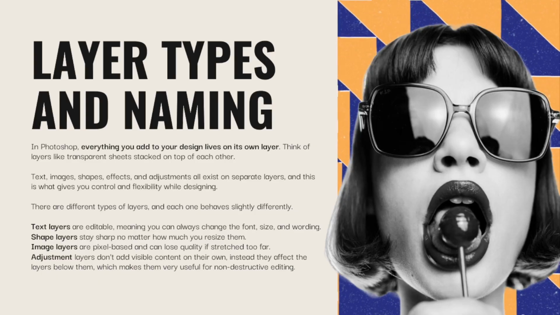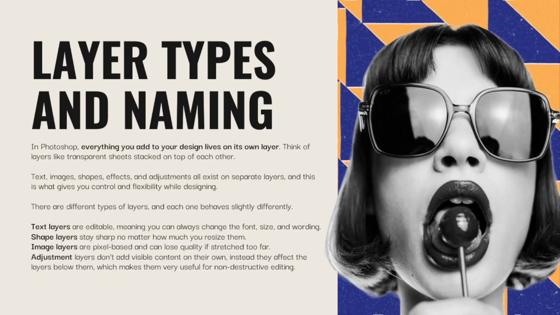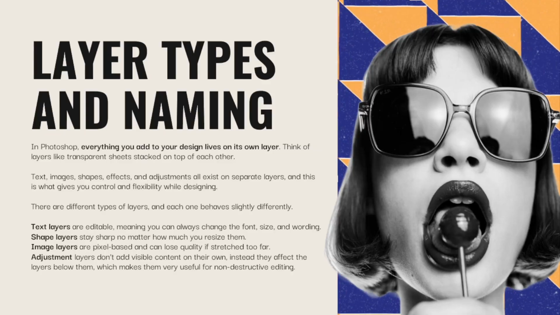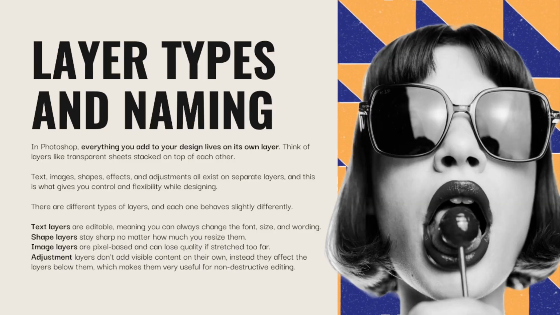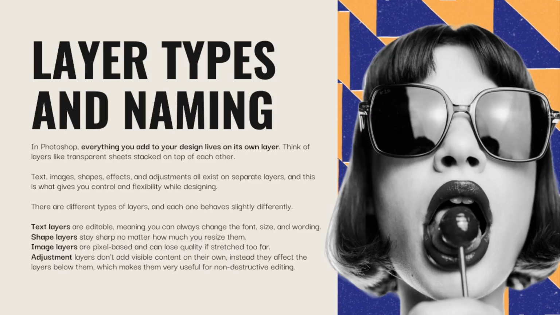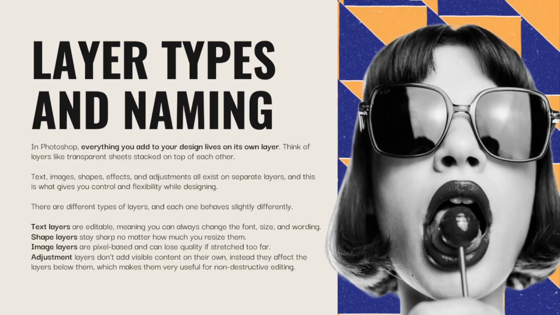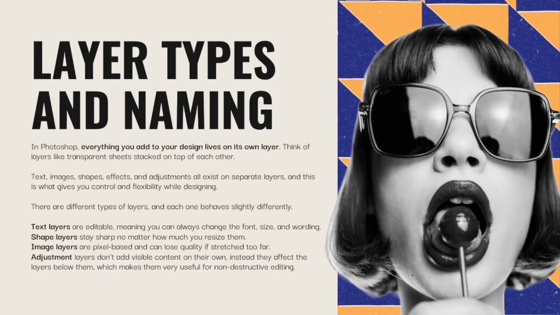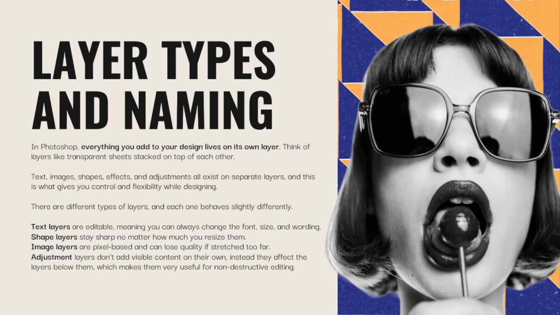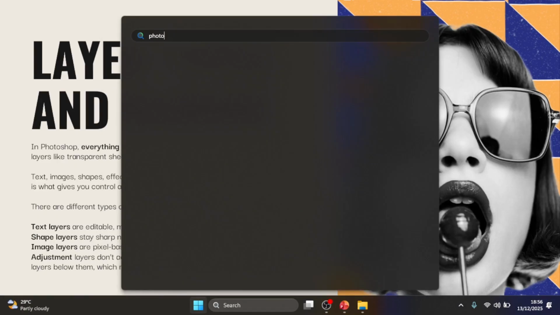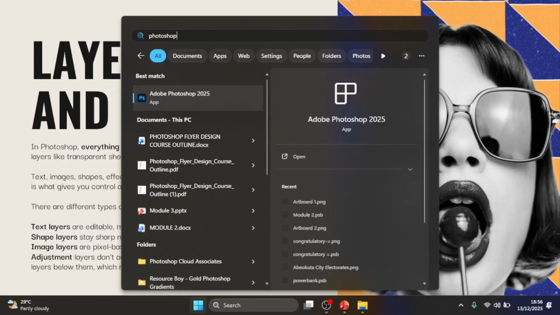If you have a transparent sheet of paper or a nylon and you paint a part of the one on top, you paint a little part of the one under it, you paint a little part of the one under that. By the time you put the three together, you are going to see everything because it's transparent. So that's basically how you should think of the layer, and everything you do in Photoshop actually has its own layer. Let's quickly open the Photoshop application.